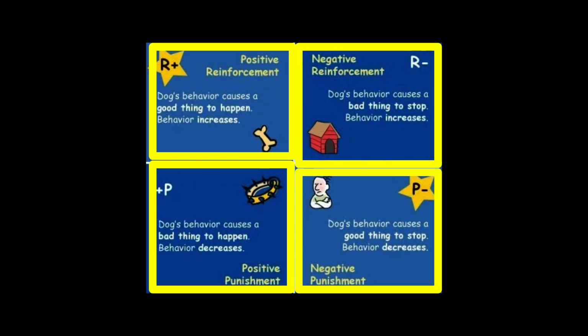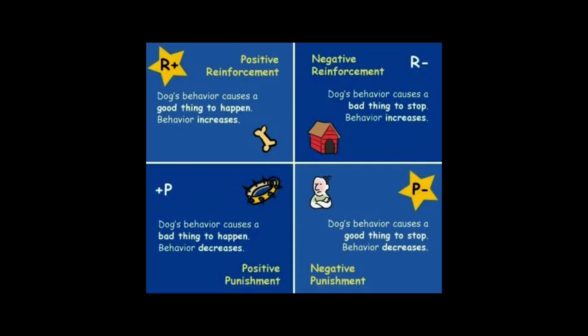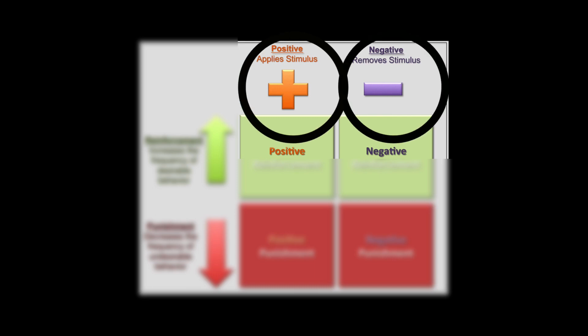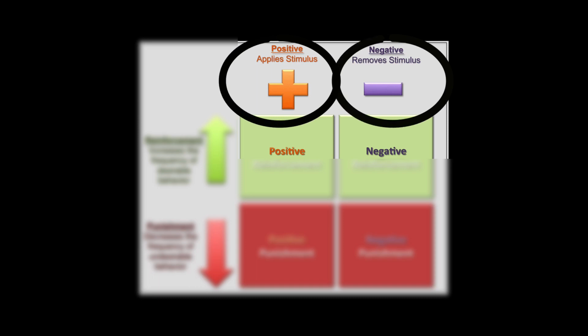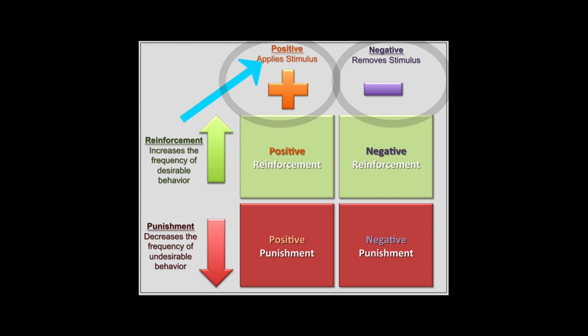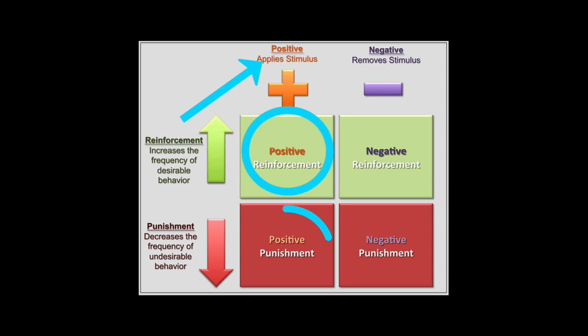Okay, the one key principle here is you need to make sure you understand that positive does not mean good or bad. Negative does not mean good or bad. Positive and negative are seen in these situations as a mathematical symbol. So when you're adding something, you call it positive, a positive reinforcement or a positive punishment.